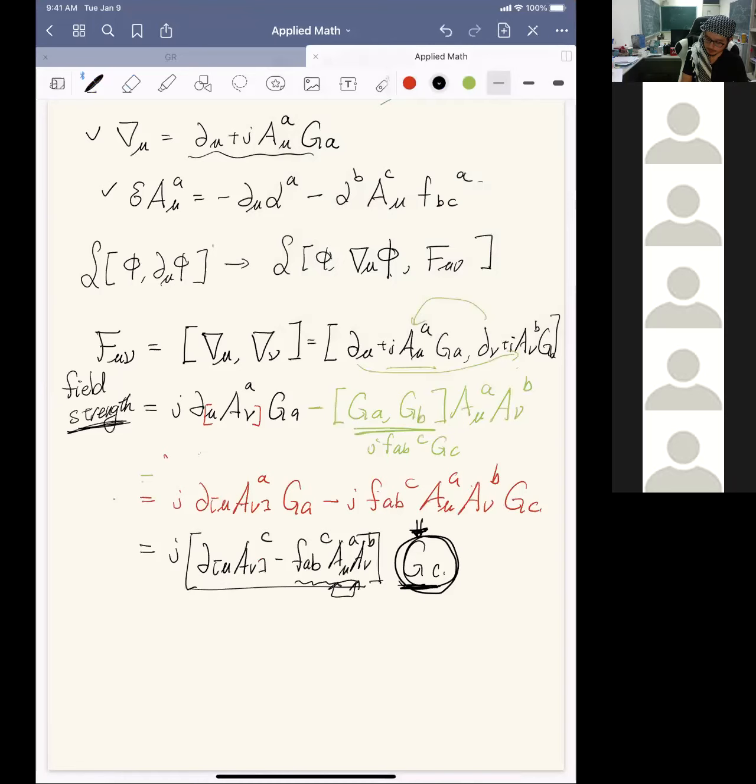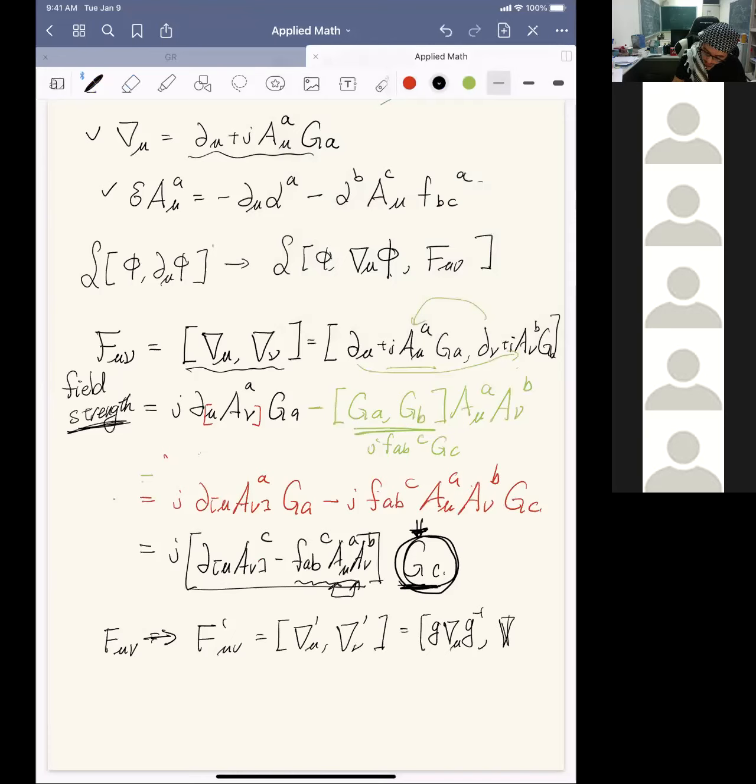Okay, good. Now, as we've discussed previously, the field strength is defined as the commutator of your covariant derivatives, therefore the field strength transforms as how the covariant derivative transforms. But we already know the covariant derivative transforms covariantly, as G D_μ G^{-1}.